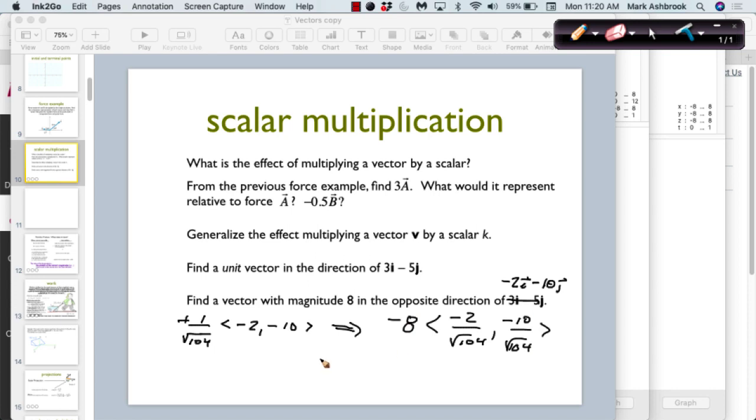So altogether you get 16 over radical 104 and 80 over radical 104. Does that make sense?